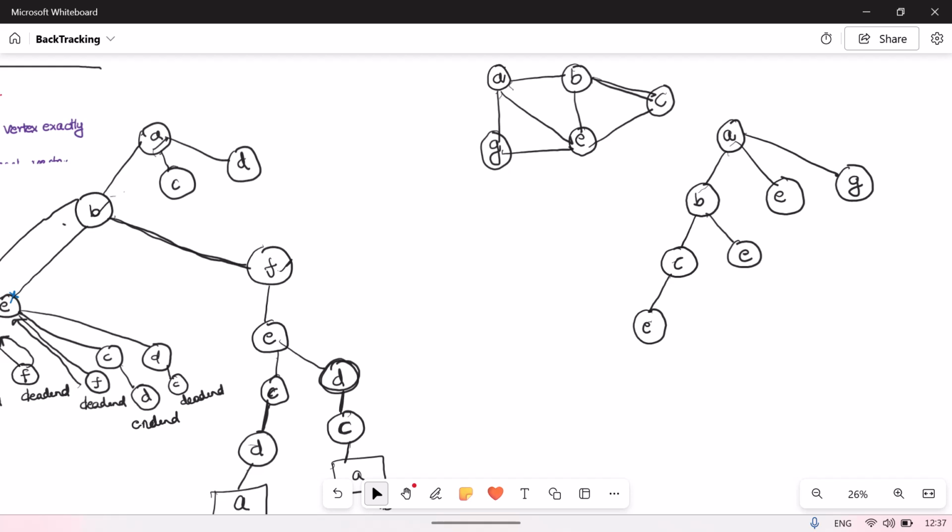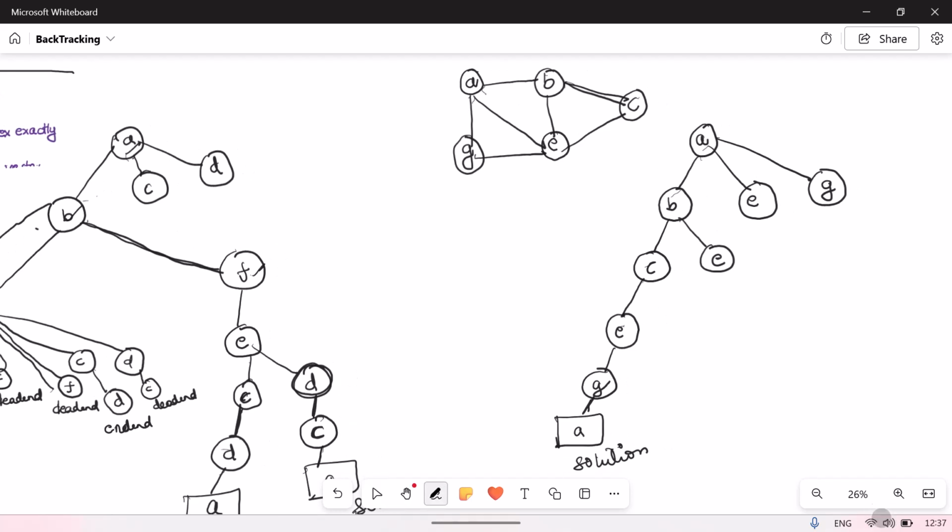So 1, 2, 3, 4. From B, I can go to G. From E, I can go to G. And from G, I can go back to the original point, that is A. So in the first step itself, I've got the solution.